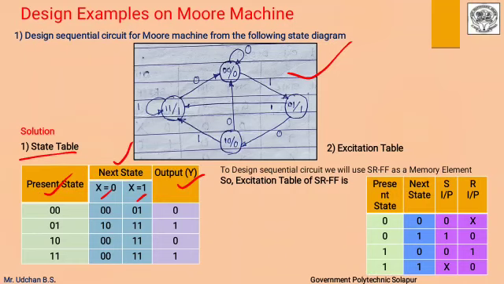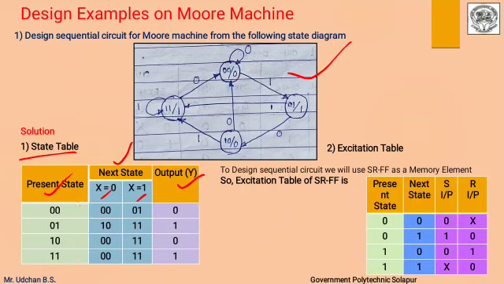Therefore for each state their respective output values are written over here. For 00 output is 0, for 01 output is 1, for 10 output is 0, and for 11 output is 1. So first write down all the values of output of each state.